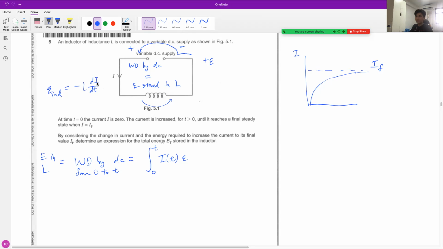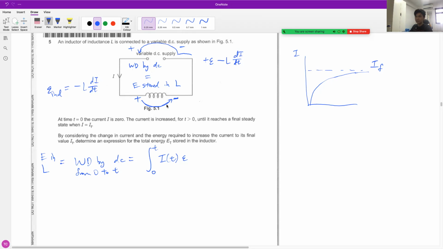If the current was increasing, then the inductor would create an EMF like this, to oppose the change in the current. So when we're going from this side to this side, we're going from a higher potential to a lower potential. That's why we have minus L di/dt.